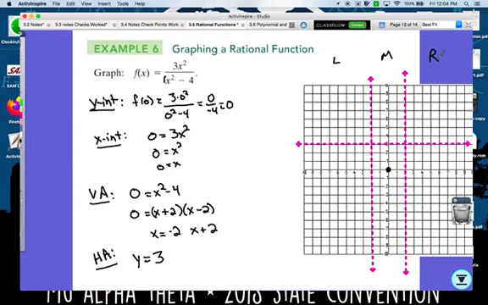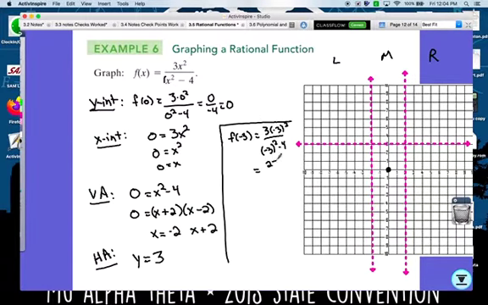I need to figure out what happens to the left, what happens in the middle, and what happens on the right-hand side. So let's plug in something to the left. Something that's to the left of negative 2 is negative 3. So f(negative 3) would be 3 times negative 3 squared over negative 3 squared minus 4.